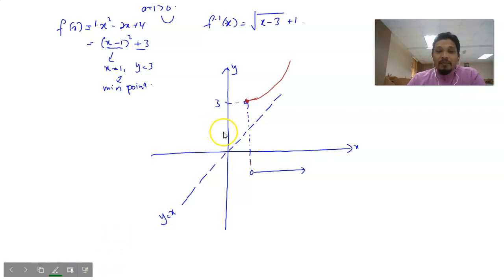Okay, the graph of the inverse: when x equals 1, it goes up here as y equals 1, and y equals 3 goes up here as x equals 3. Just imagine that the line y equals x is a mirror between the function and its inverse.